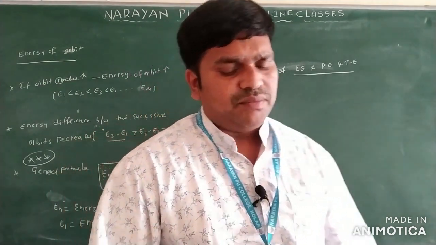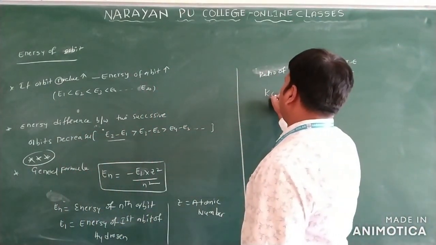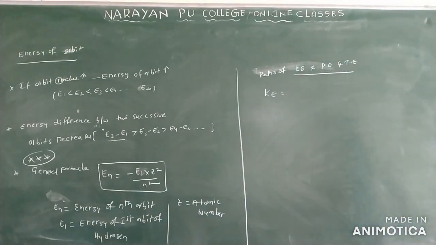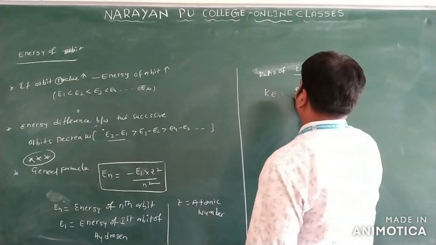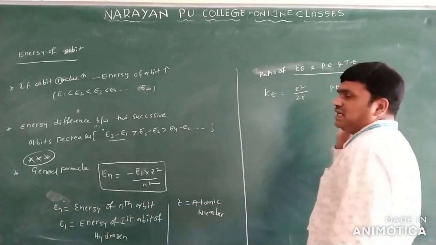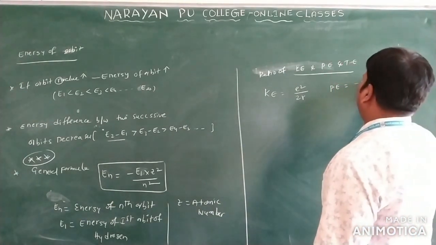We have some formulas. Kinetic energy KE is equal to e square by 2r. And next, potential energy PE is equal to minus e square by r.